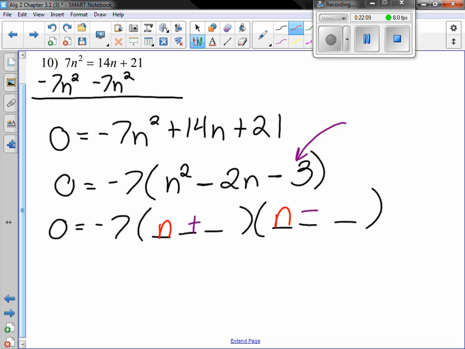What are the factors of 3? 1 and 3. Yes, we only have 1 and 3. Which one do we want to make positive? Which one do we want to make negative? The one positive, or?